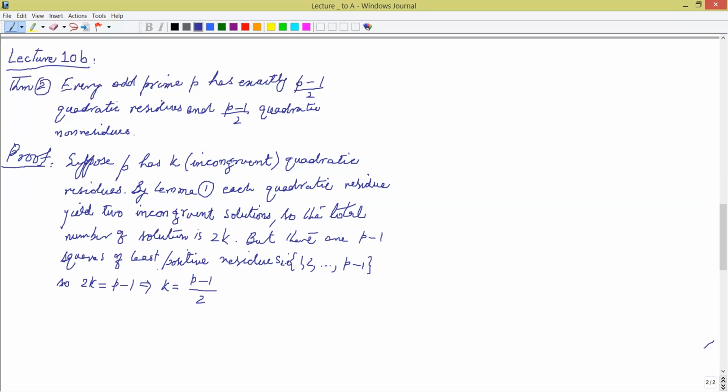So it means (p minus 1) by 2 are the quadratic residues, and (p minus 1) minus (p minus 1) by 2, which equals (p minus 1) by 2, are quadratic non-residues.